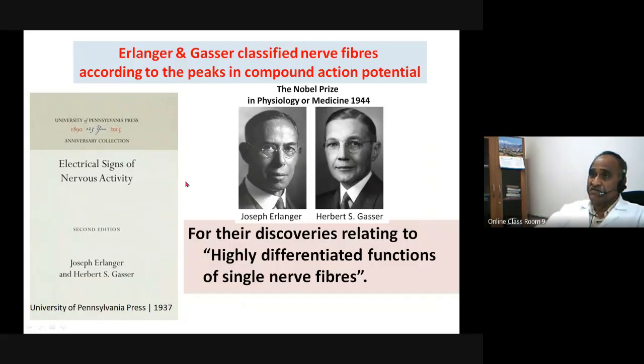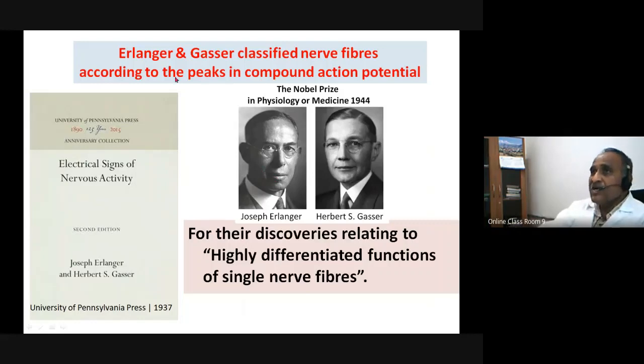And then they classified the nerve fibers according to the peaks of the compound action potential recorded from the sciatic nerve. They won a Nobel Prize for the discoveries relating to the highly differentiated functions of a single nerve fiber. They received the Nobel Prize in 1944.